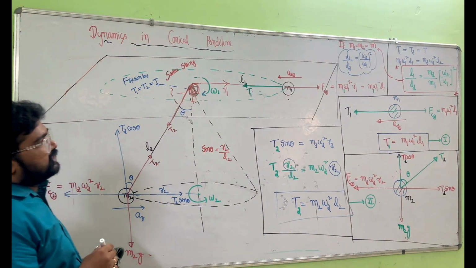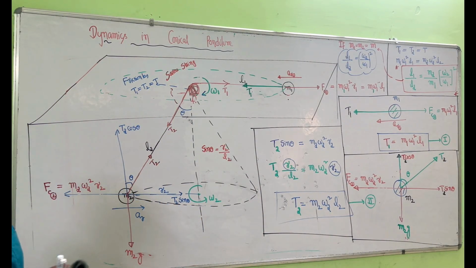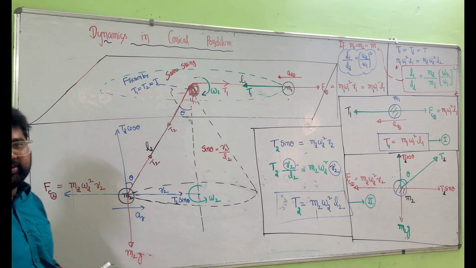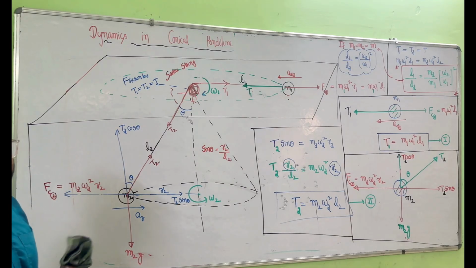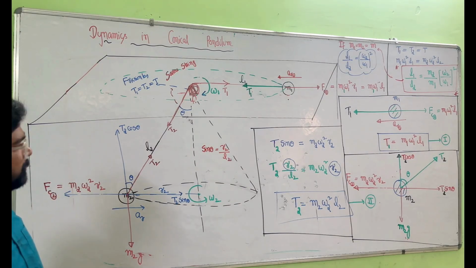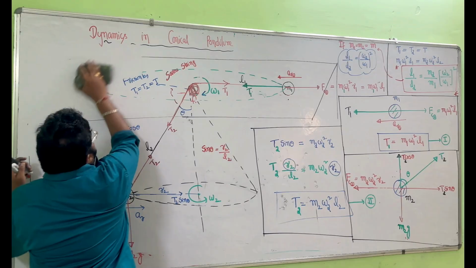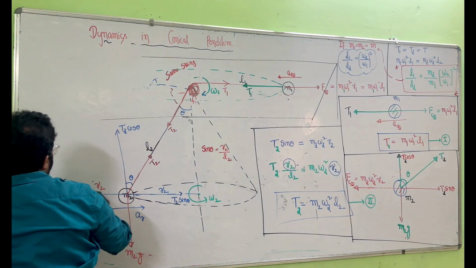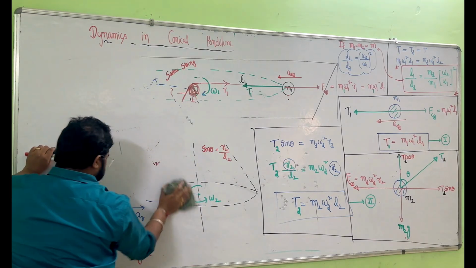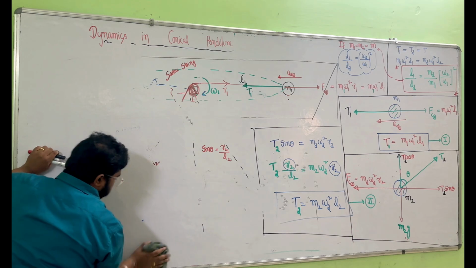So finally what is obtained? L1 by L2 equal to M2 by M1 into omega 2 by omega 1 whole square. Completed. Next, this is the dynamics in conical pendulum.